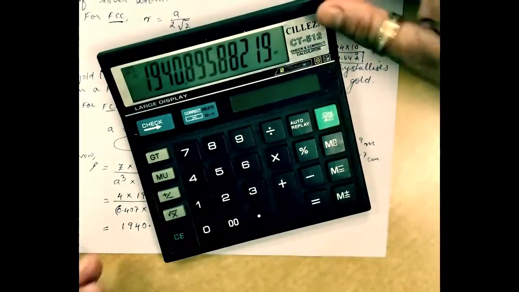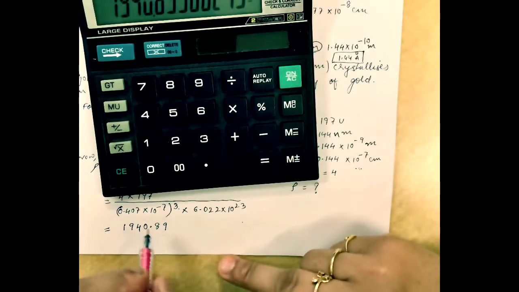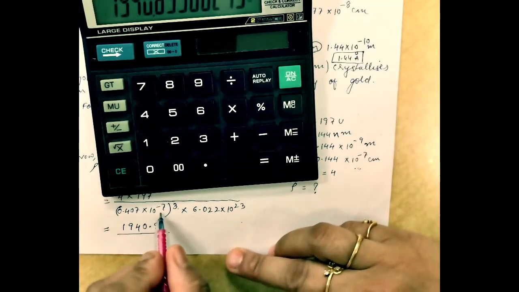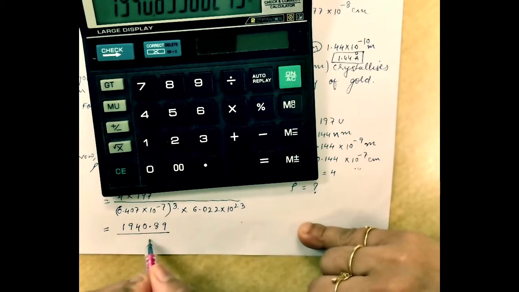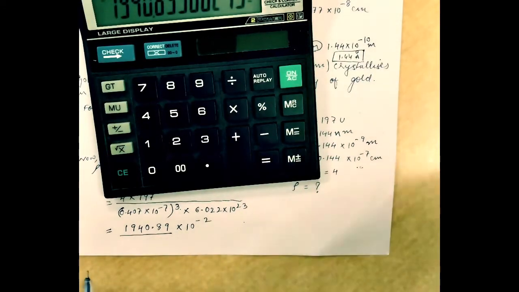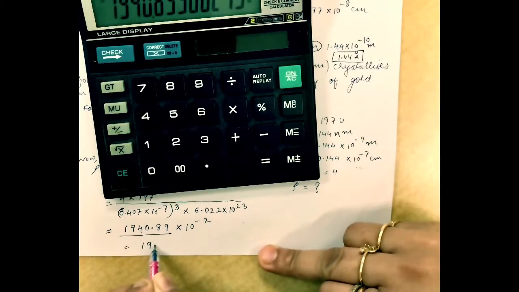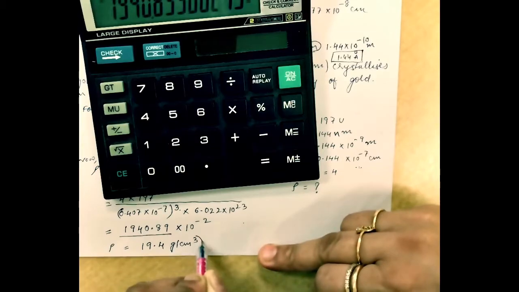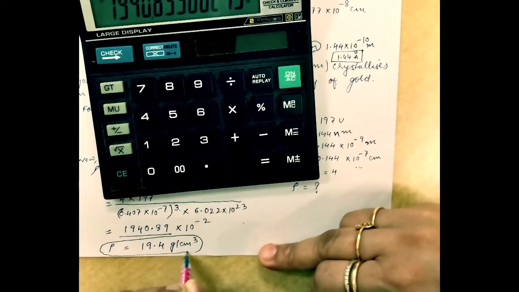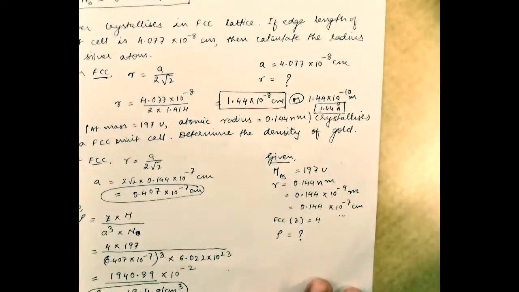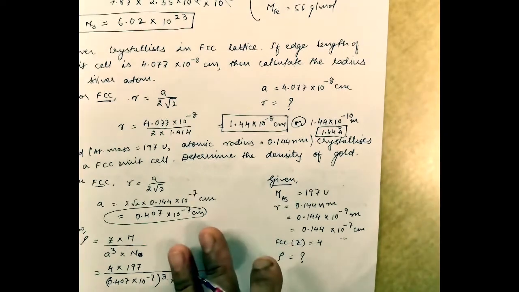You can see on the calculator, this is the value you are getting, and divided by 10 to the power of 21 and 23, so it is 10 to the power of 2, and so it is 10 to the power of minus 2. So the final value comes out to be 19.4 grams per centimeter cube. That is the answer for your third numerical. I hope you are getting this numerical, students. Let us proceed now to the fourth numerical.